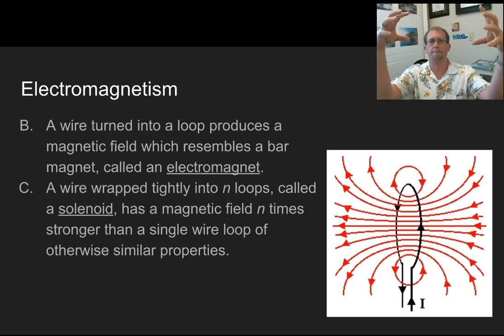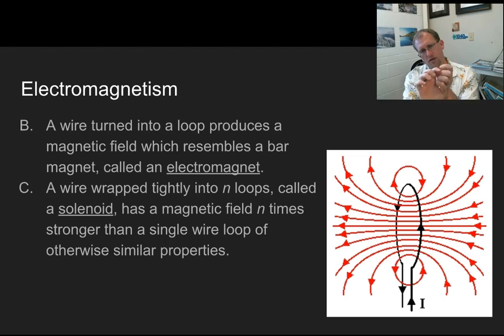If you now bend all those circles on top of each other, you wind up with something that looks very much like the magnetic signature of a bar magnet, where the field lines leave one end and loop around through space and hit the other end of the magnet. That is created by a loop of wire with a current running through it. That loop of wire is called an electromagnet.